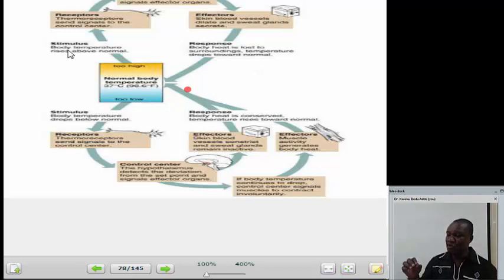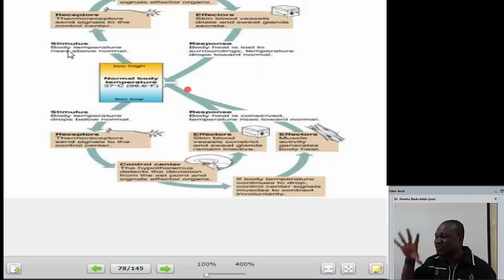Now, the information that the hypothalamus receives is compared to the set point in the hypothalamus. And we know that the set point is 37 degrees C. So let's say it's receiving information that the temperature is 39 degrees or 40 degrees.